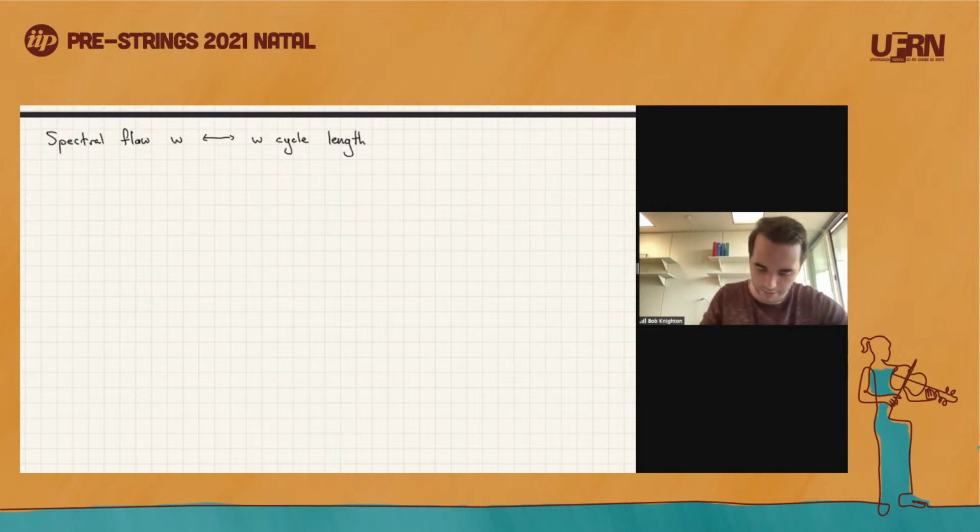There's no such thing as a zero cycle length permutation. Even the trivial permutation is built of cycle length 1 permutations. So there shouldn't be anything interesting happening at spectral flow equal to 0, and indeed there isn't.